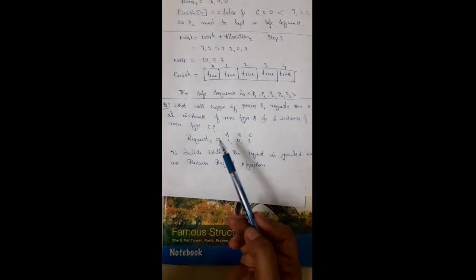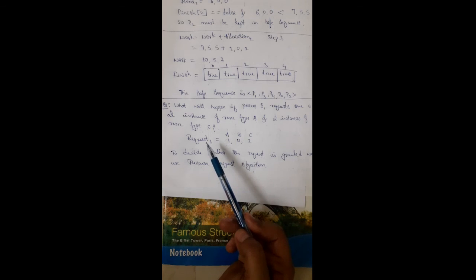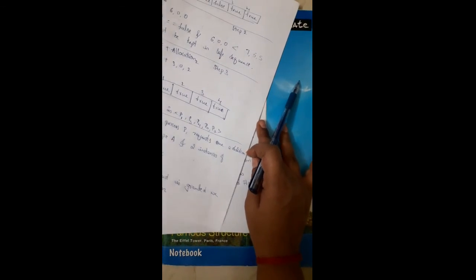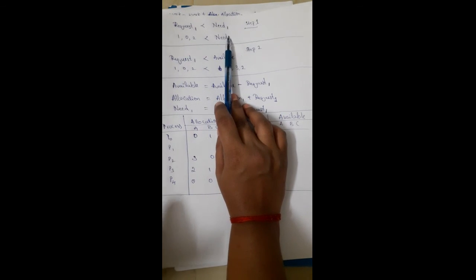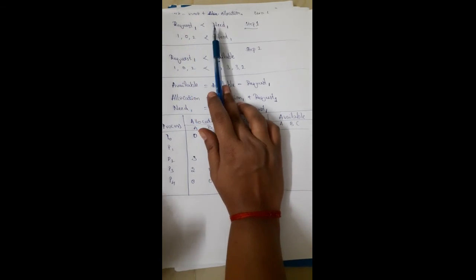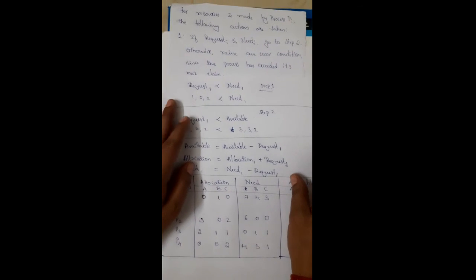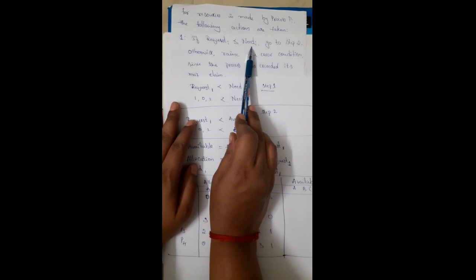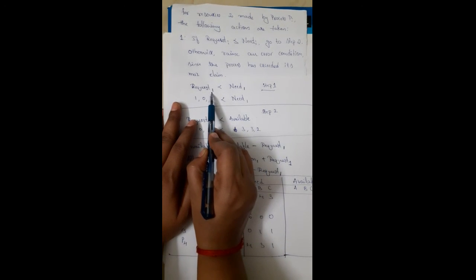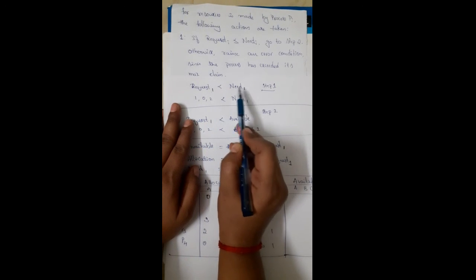Now we have to decide whether this will be granted immediately or not. Okay, now we'll run the algorithm. What is the first step in the algorithm? We have to check whether request 1 is lesser than need. So request of process 1, is it lesser than need 1?